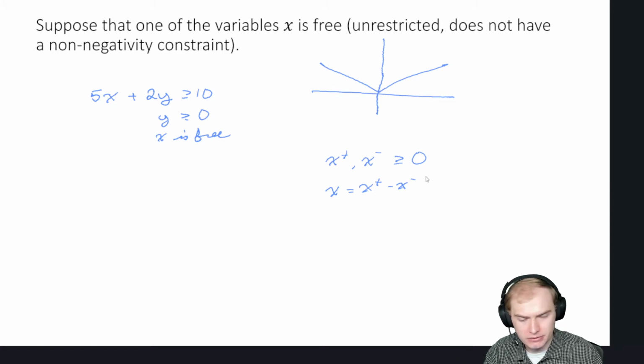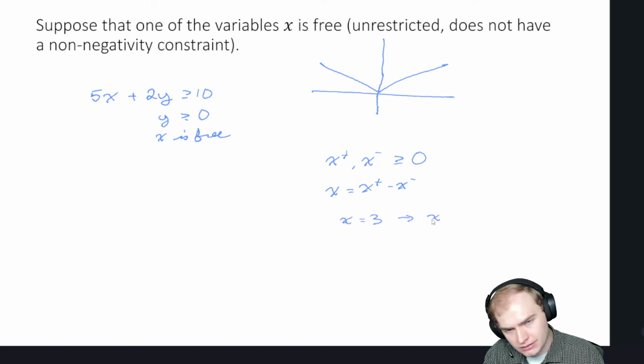So if x equals 3, we get x plus equals 3, x minus equals 0.